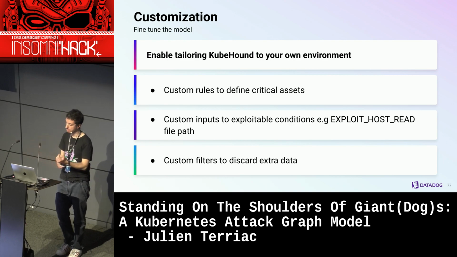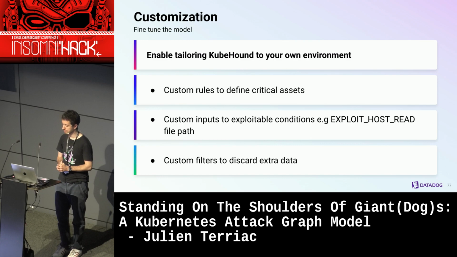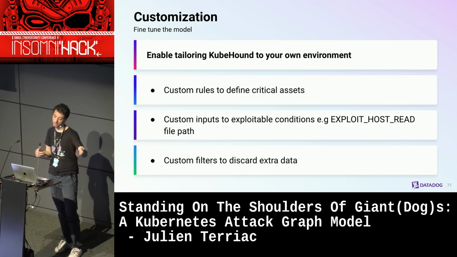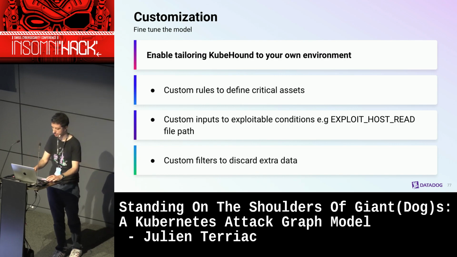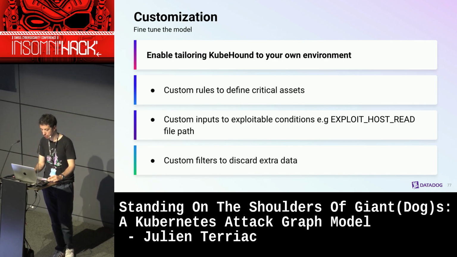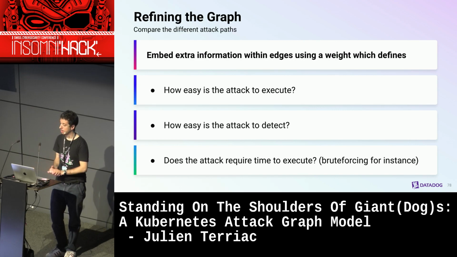And we want you to be able, without pushing a PR on it, to also maybe put some conditions in place. Everything is hard written in the code, and we basically want to export all those capabilities for you to be able to customize it to your own environment.